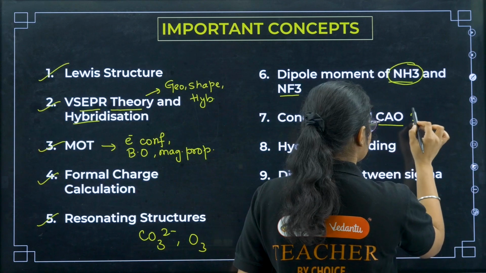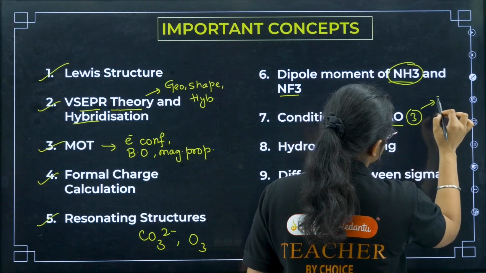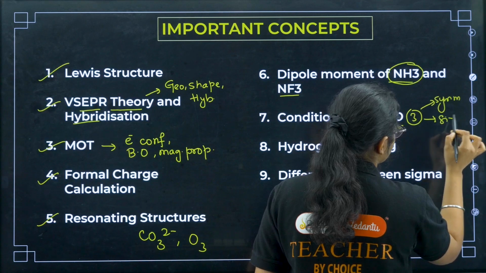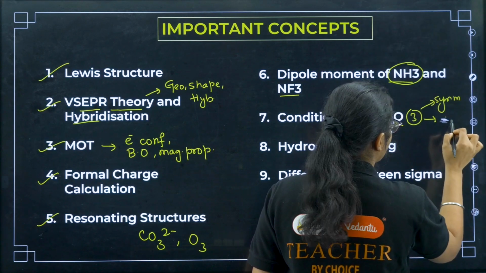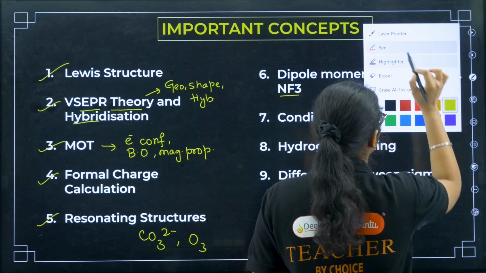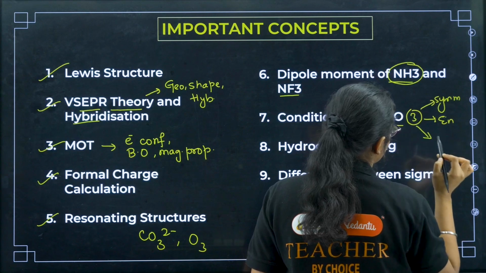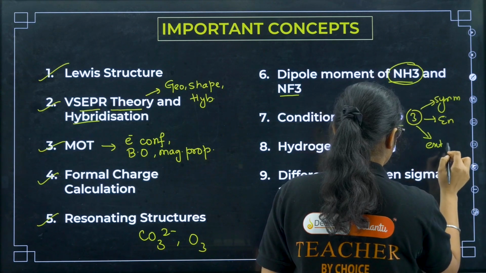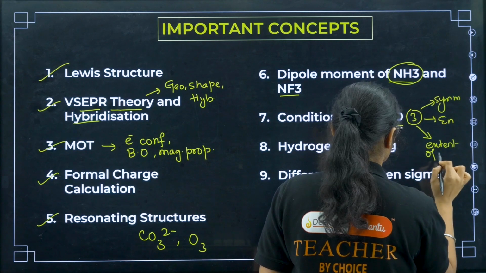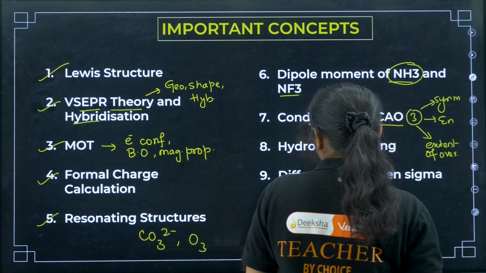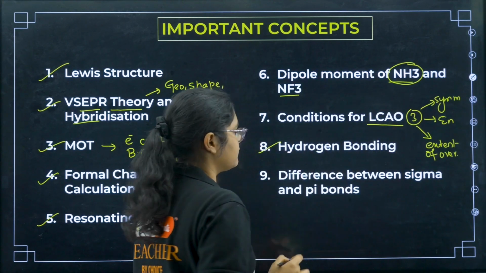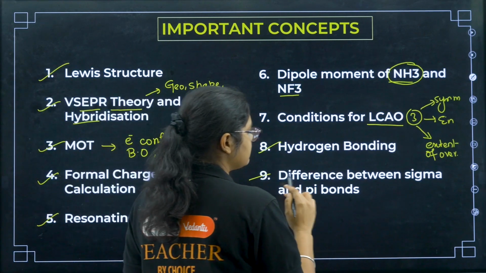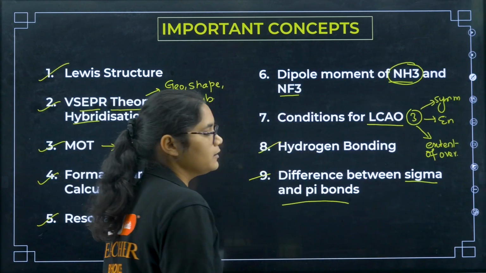Three conditions are there: similar symmetry, energy, and then extent of overlapping. Next we'll talk about hydrogen bonding, where we have intermolecular and intramolecular hydrogen bonding, and the ninth one is the difference between sigma and pi bonds.